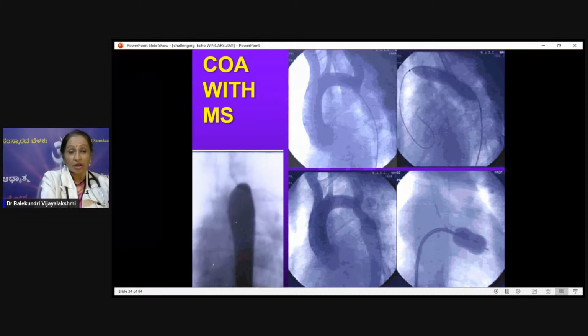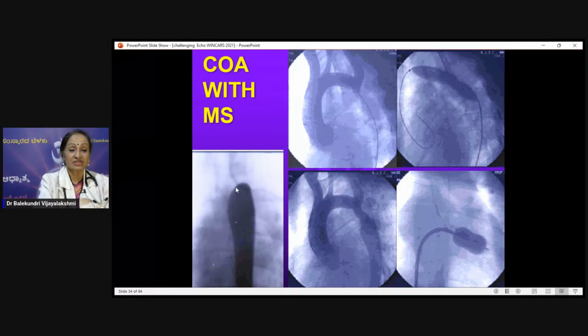Unfortunately, this 15 years old boy came with atrial fibrillation and pulmonary edema, and he was a known case of rheumatic heart disease with mitral stenosis. We took him for the emergency balloon dilatation. And the moment I felt the femoral pulse, it was not felt. I told my professor, sir, this is coarctation. He said, if you can't puncture, come this way. I said, sir, I can puncture, I can do.